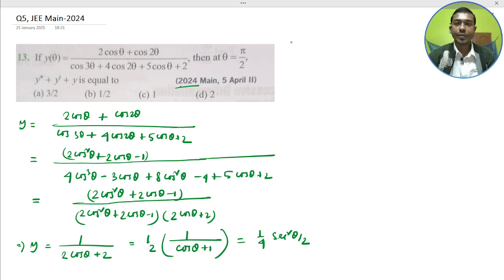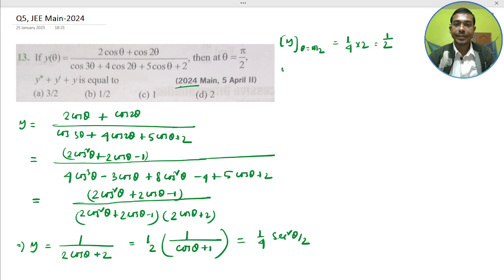So y at theta equal to pi by 2: 1 by 4 into 2, that is half.